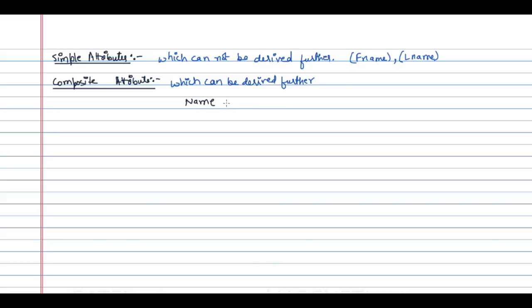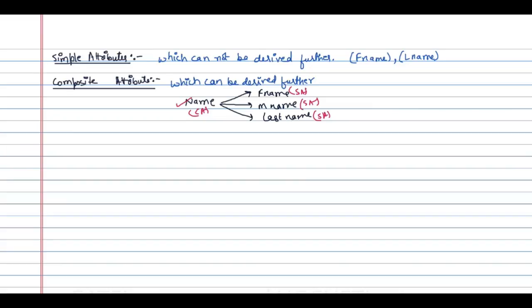This name attribute can be further divided into 3 types: the first name of a person, the middle name of a person, and the last name of a person. Here, name is a composite attribute, but the first name, middle name and last name are simple attributes, because these cannot be divided or derived any further.